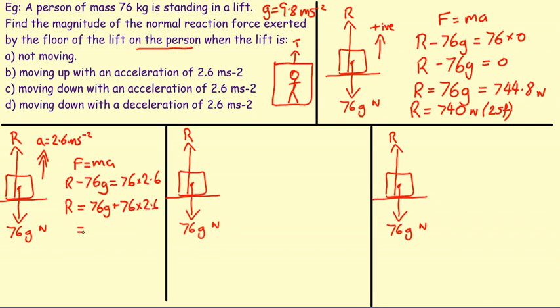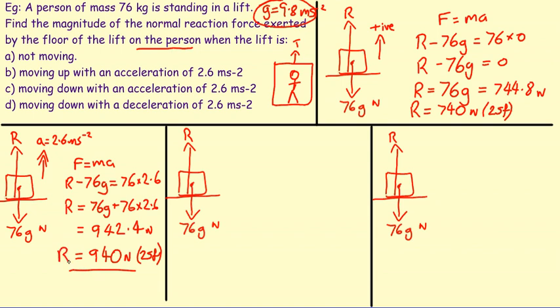If we type it in the calculator, we get 942.4 newtons. Again, we have to round it. We've got gravity to two significant figures, so we have to round this to 940 newtons to two significant figures.